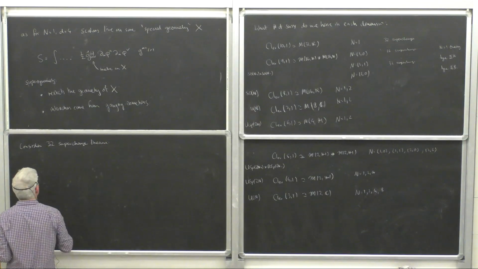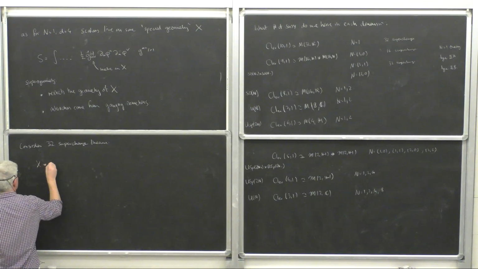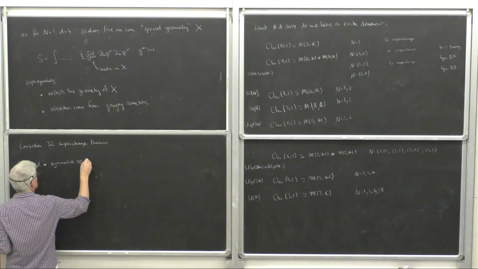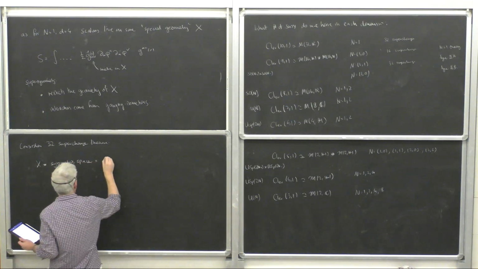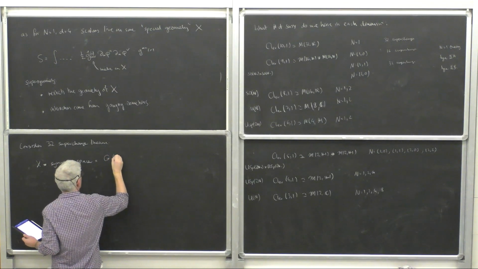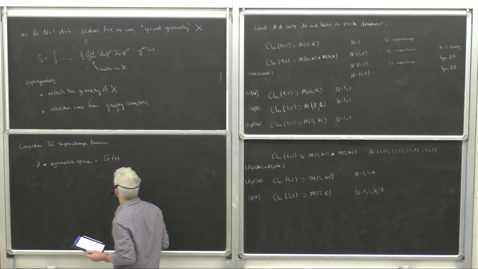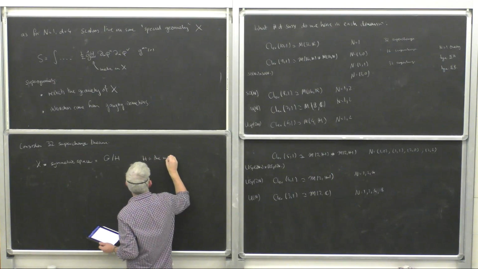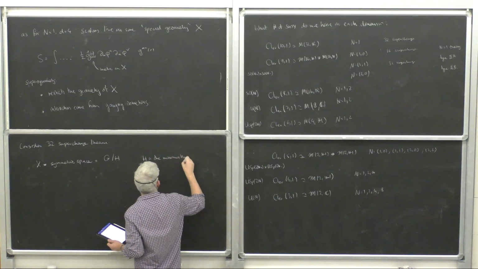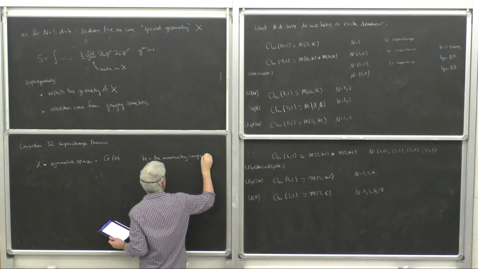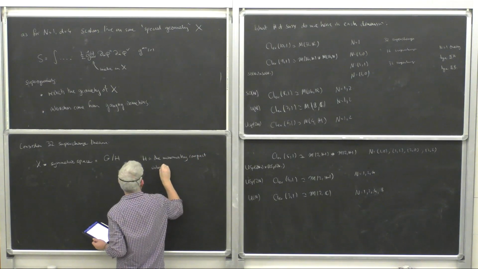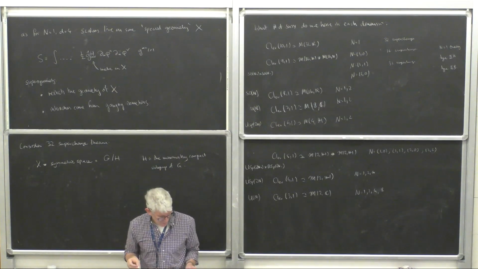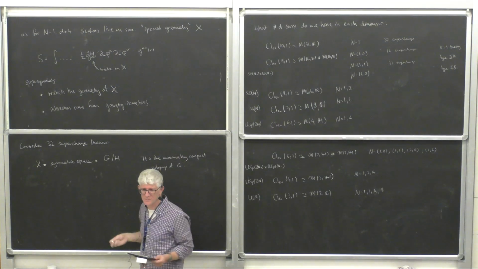What happens here is that X is a symmetric space. That means it has the form of a group G divided by another group, a quotient by another group, where H is the maximally compact subgroup of G. And what I'm going to do is in each dimension, I'll tell you what these groups are.